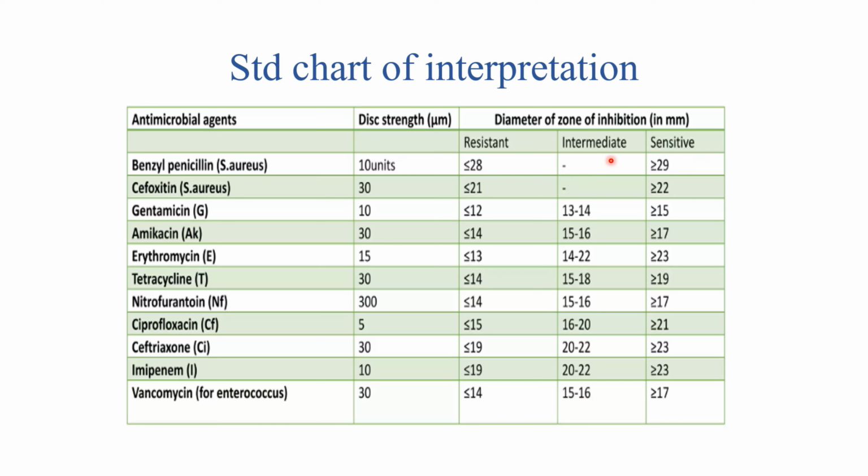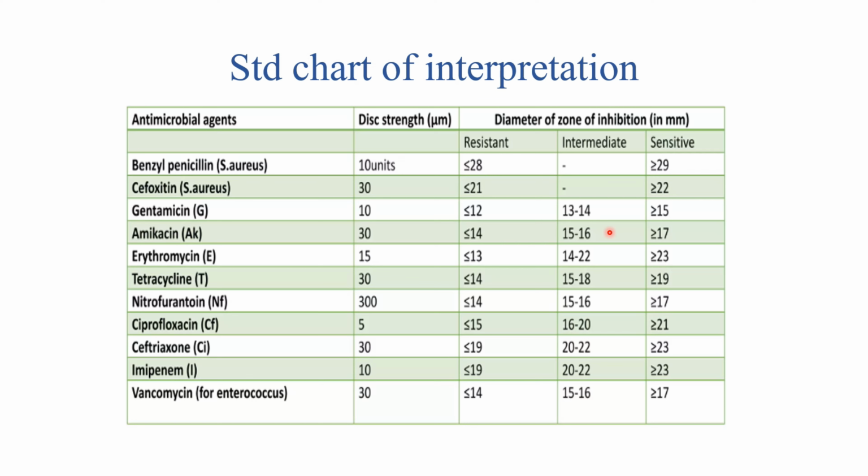For example, if you are taking the antibiotic amikacin, that means we are testing the organism with amikacin, and if you get a zone diameter of less than 14, we will call that particular organism resistant to amikacin.